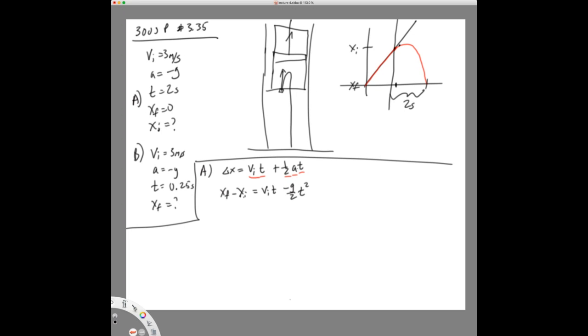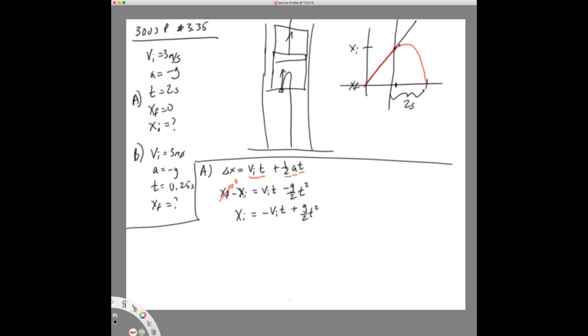So I'm replacing the a with negative g. And our x final is 0. So what we really have here now is an equation for minus x initial, or we can multiply both sides by minus 1 and get x initial equals minus v initial t plus g over 2 t squared.